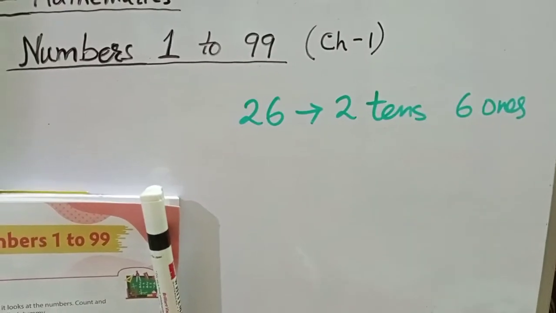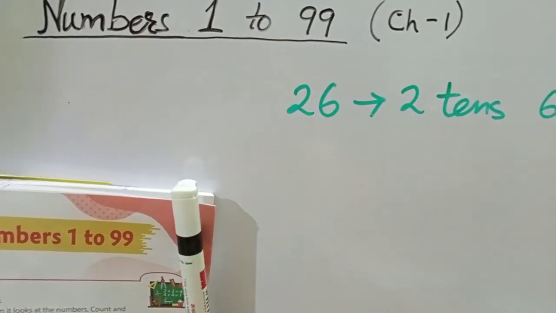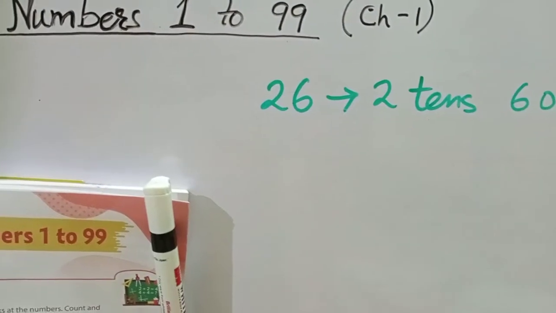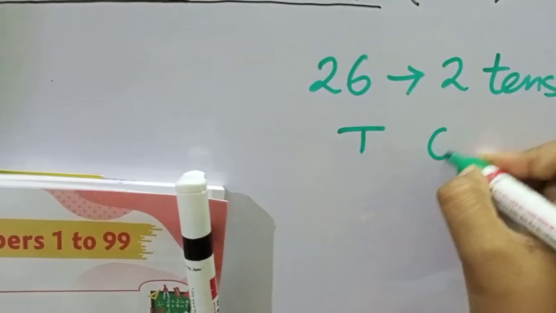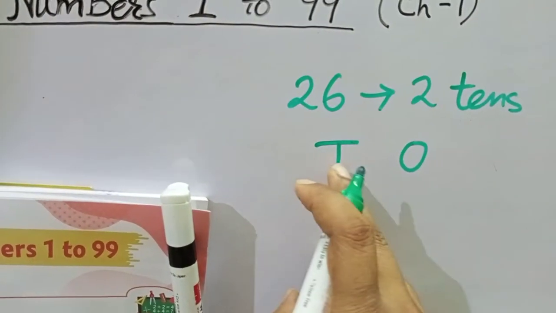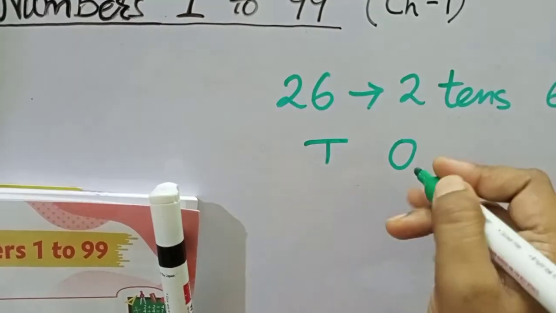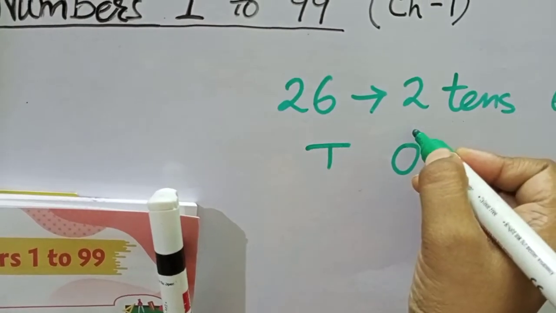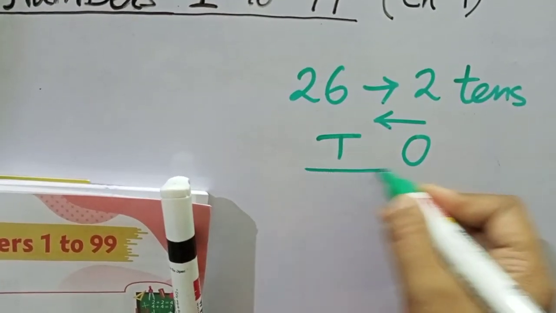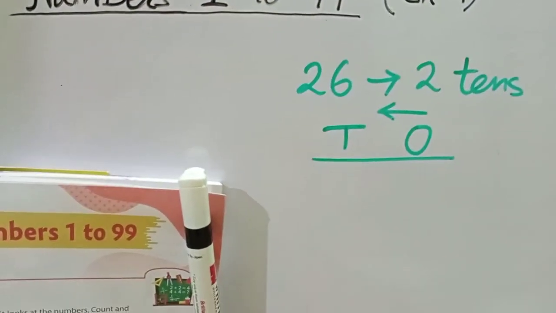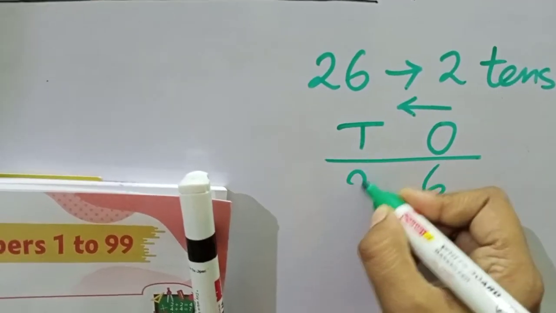Now this is how we write according to the place value of this number. Since there are 2 digits, we will take place values up to 2, that is ones, starting from the extreme right-hand side and going towards the left, ones and tens. Now if I place this number just beneath the place values, it will be written as 6 and 2.